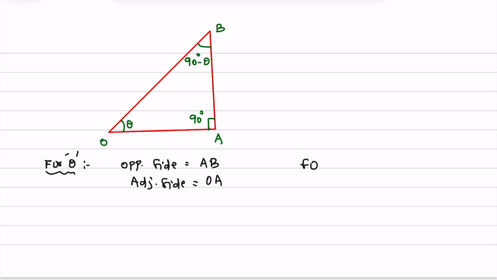For 90 minus theta, the opposite side is OA. The adjacent side is AB.